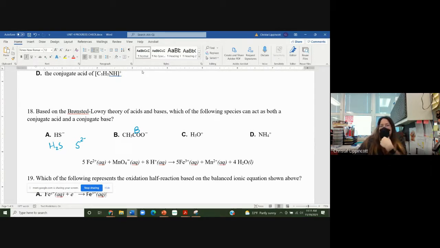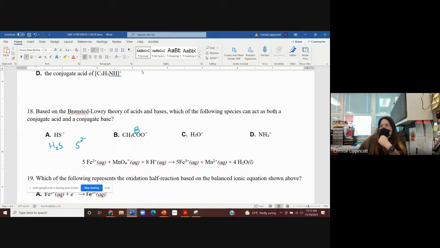On this one, probably not, but I don't think that they would give anything that complicated. Here, it can't take another hydrogen in. It could give one away, but it can't take one in. So it can't be a base. And then this one, the same holds true. It can't take another hydrogen in.